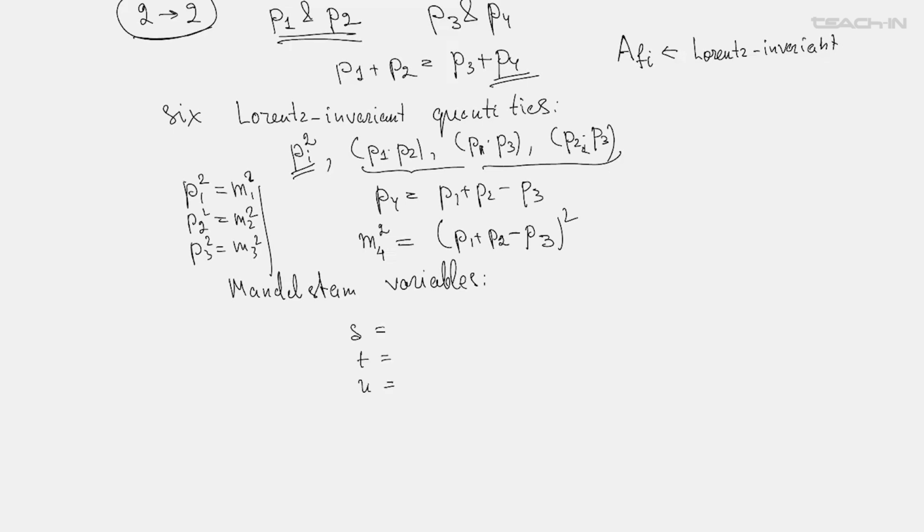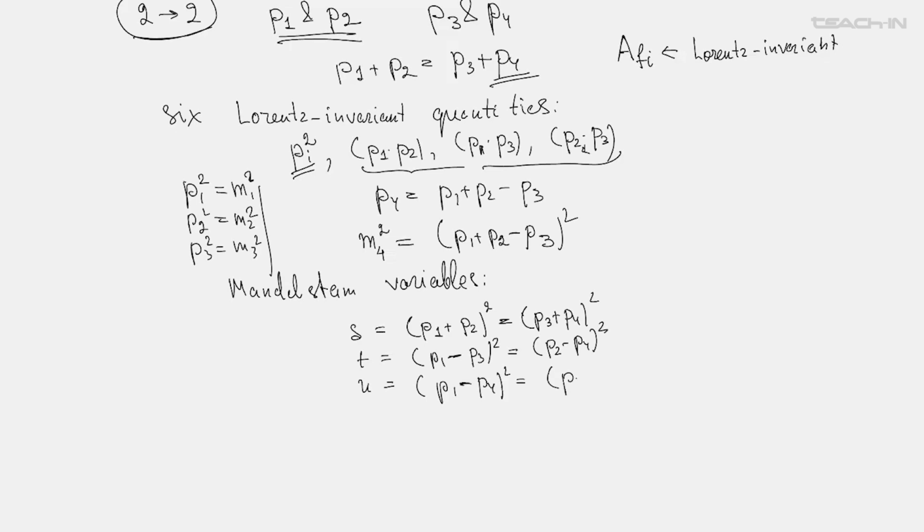The s invariant is (p1 plus p2) squared, which is of course the same as (p3 plus p4) squared due to the conservation law. t is introduced as (p1 minus p3) squared, which is of course the same due to the conservation law as (p2 minus p4) squared. And finally, one introduces the u invariant, which is (p1 minus p4) squared. And this is the same as (p2 minus p3) squared.